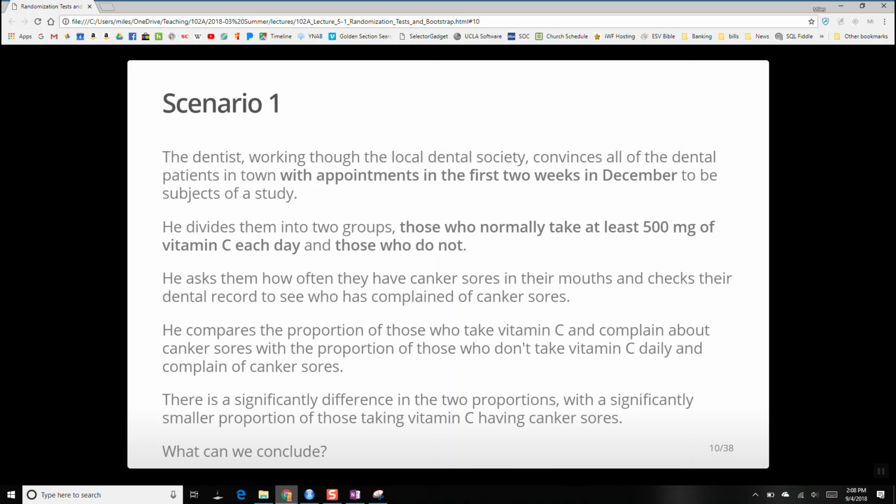And then he divides them into two groups. Some of these people take vitamin C every day, and these people over here do not. And then we check their dental records to see who's had canker sores. And then we look at the proportion of those who take vitamin C that get canker sores and the proportion of those who don't take vitamin C and get canker sores. And then we find out that those two proportions are different. And maybe we do some statistical analysis and they're significantly different. They're not just a little bit different by random chance, but they are significantly different. Okay, what can we conclude from here?